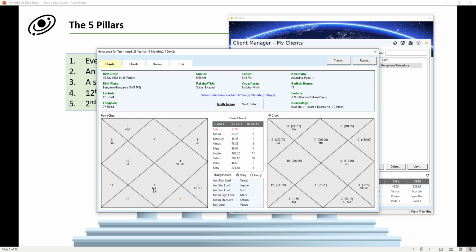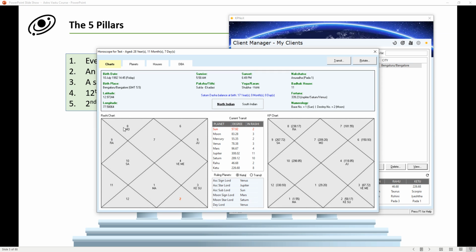You go in an anti-clockwise direction to count the houses. So this is the 7th house. If marriage is given by the 7th house, the 12th house is always the one before the current house, whichever house you are considering. So if this is the 7th house, the 6th house will negate the results of the 7th house.